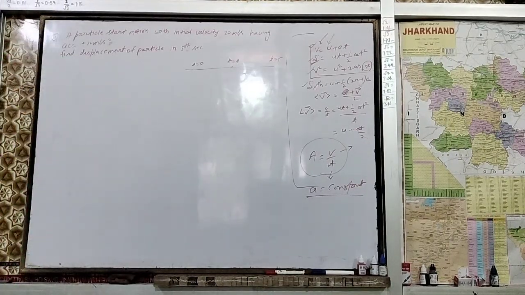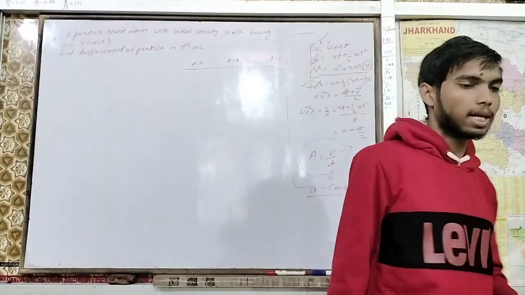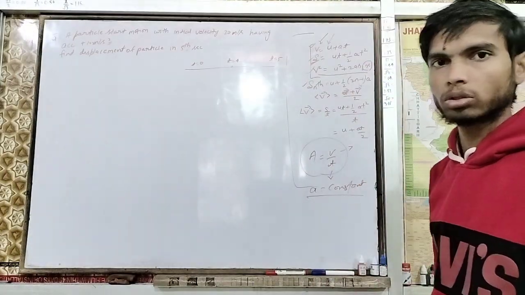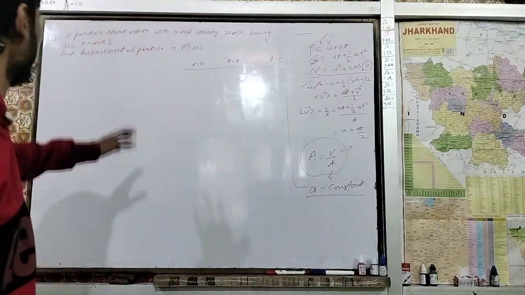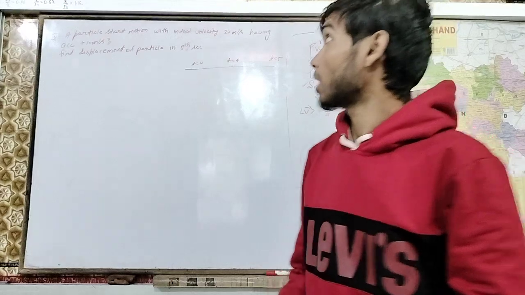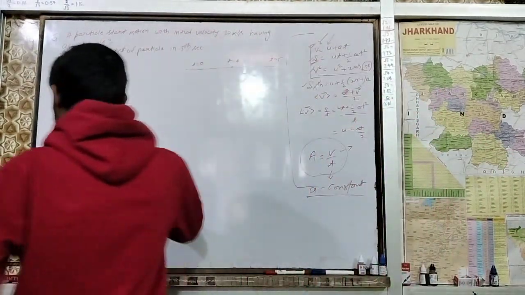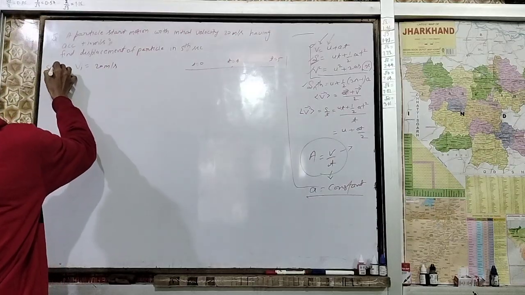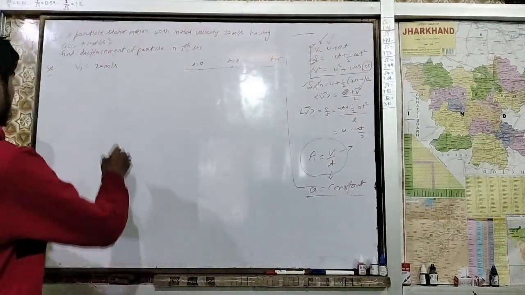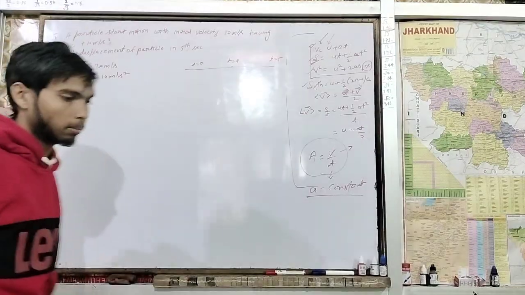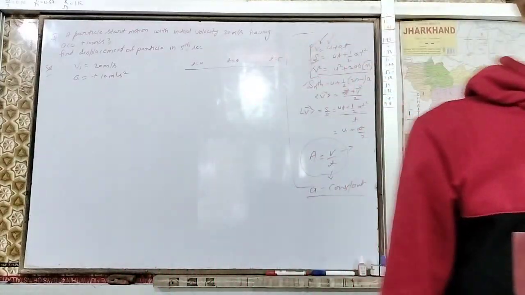Here one question is written to understand the meaning of the Sn formula. When to use this Sn formula? A particle which starts motion with the initial velocity Vi of 20 meter per second, having acceleration of positive 10 meter per second squared.